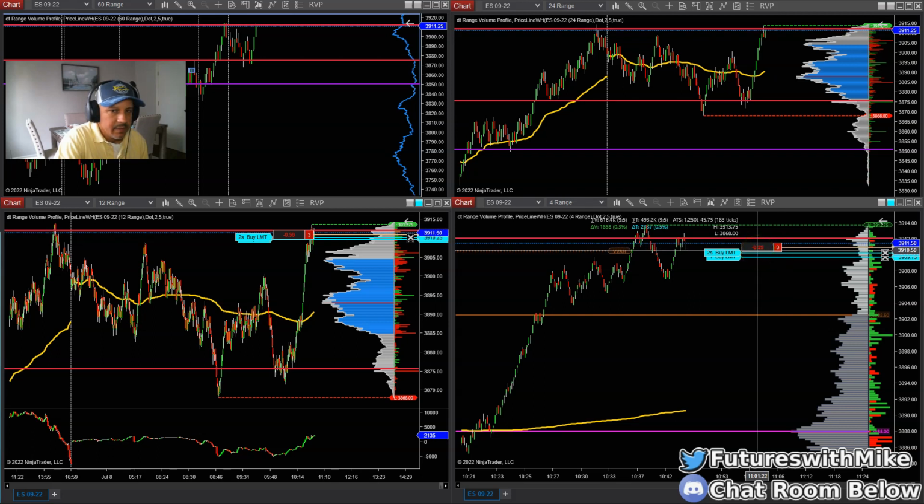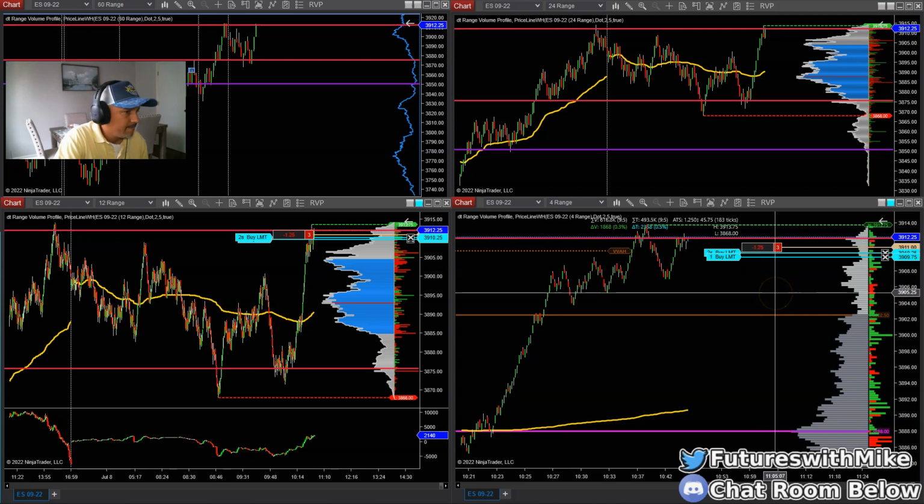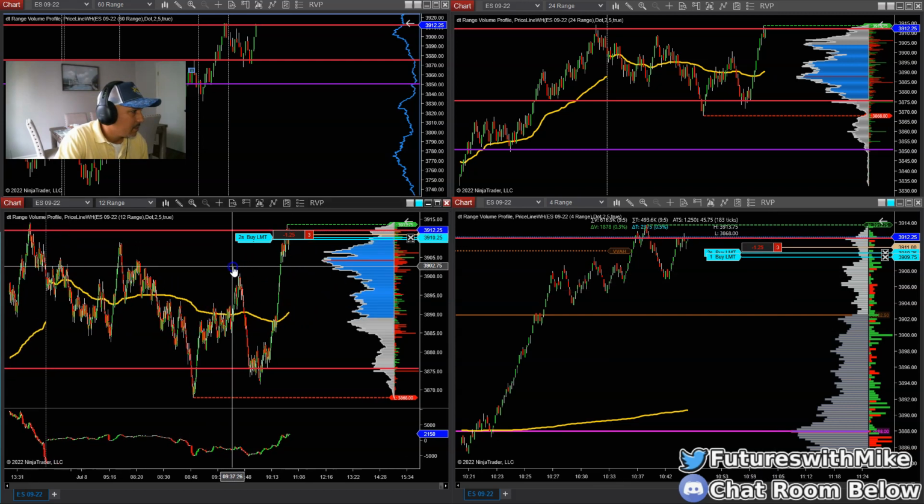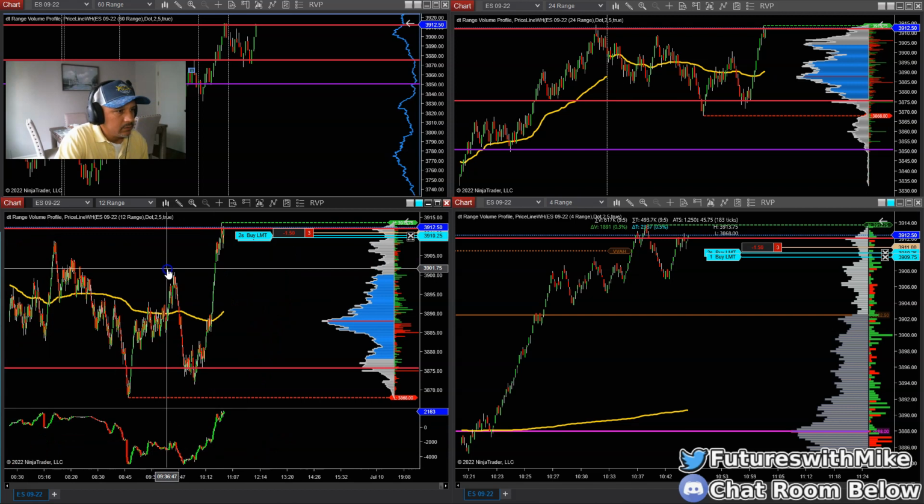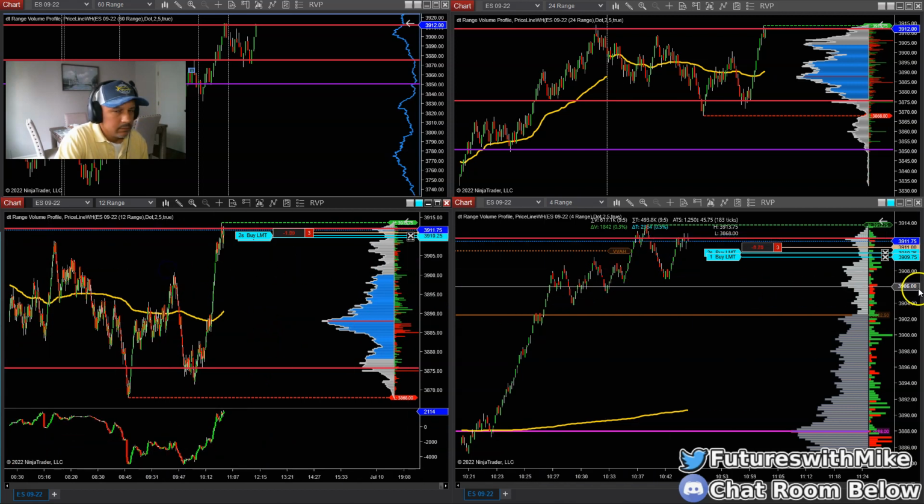See if I can get filled here. 10 and a half. Looks like I may want to try to push up higher. Don't like this. Don't like it one bit. I think price is trying to push higher. Come on. Yeah, I'm going to scalp this and get out.